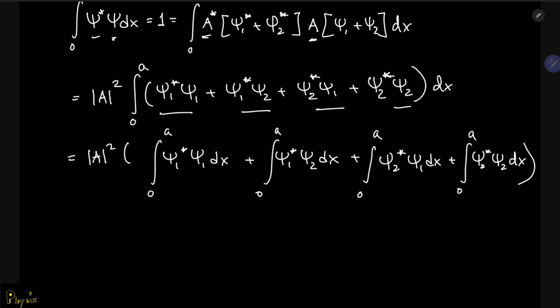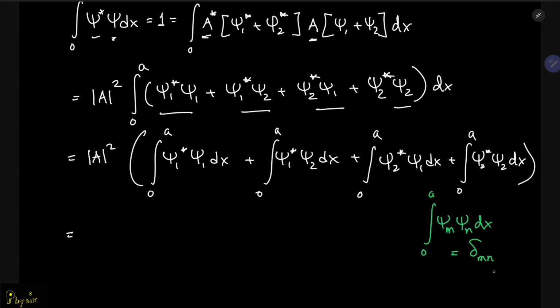Now this is where we are going to exploit the orthonormality of the stationary states. Now remember that when you take the integral from any bounds, let's say here it's 0 to a, of psi m psi n dx, this gives you the Kronecker delta function, right?